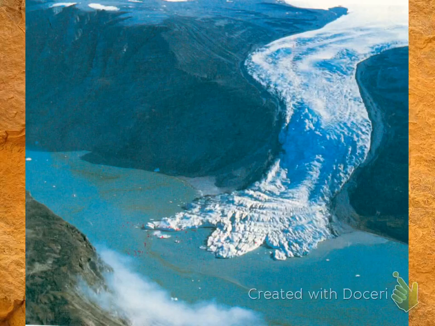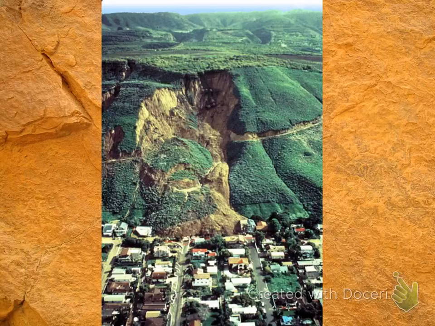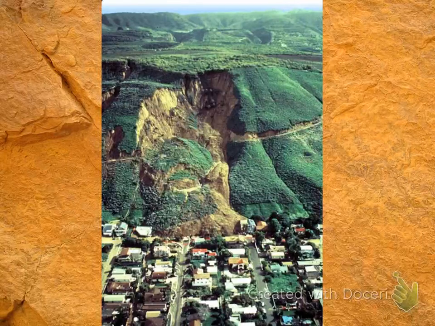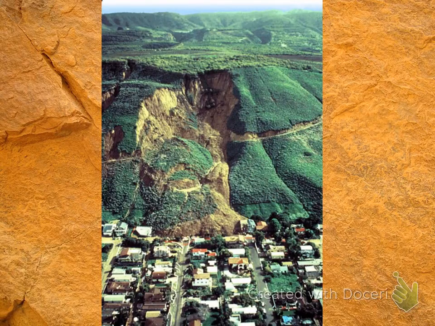Another one, glaciers. As this glacier moved down the mountain, it carved its way through the mountain and broke up the rocks and brought them down to the bottom here where they deposited. This would be an example of gravity pulling the rocks down. We call this mass wasting.